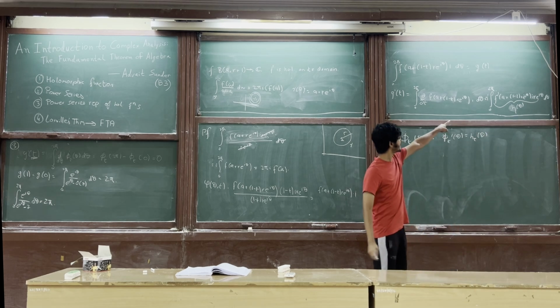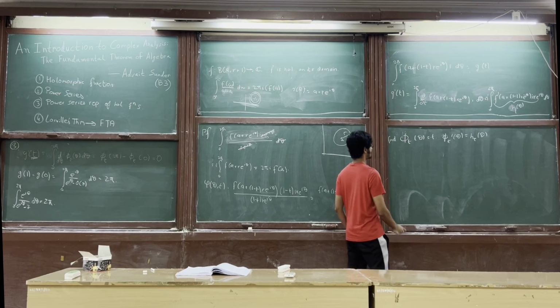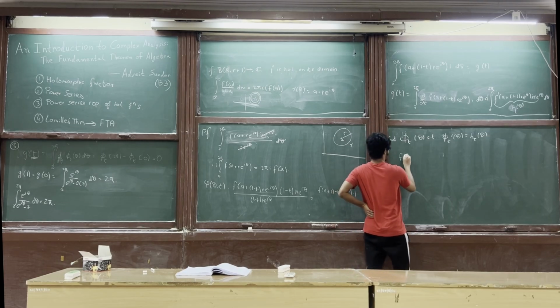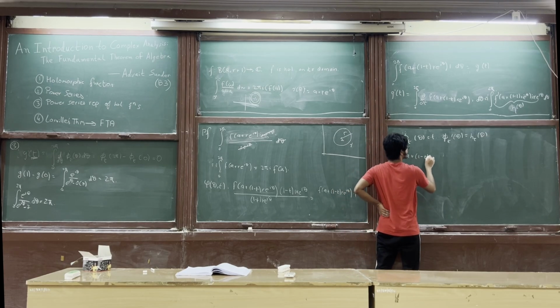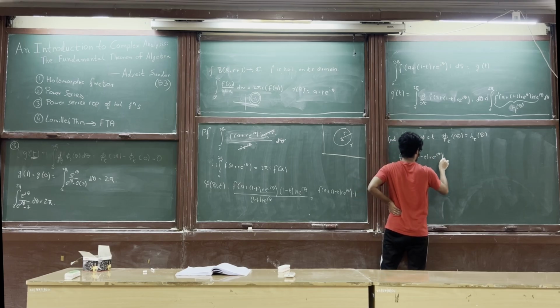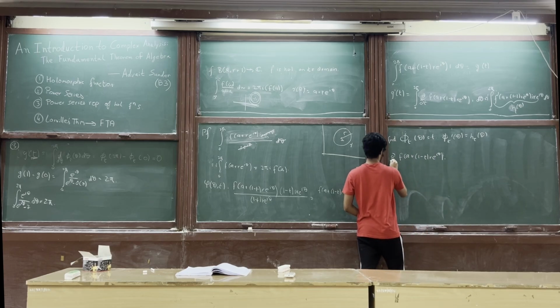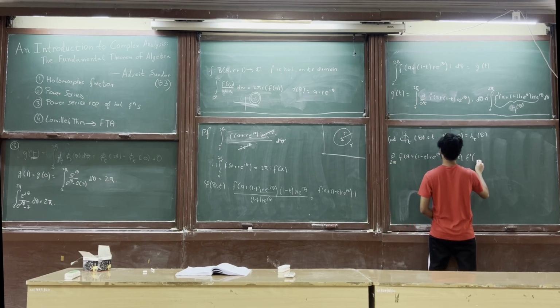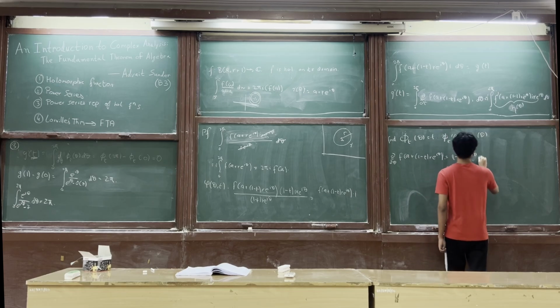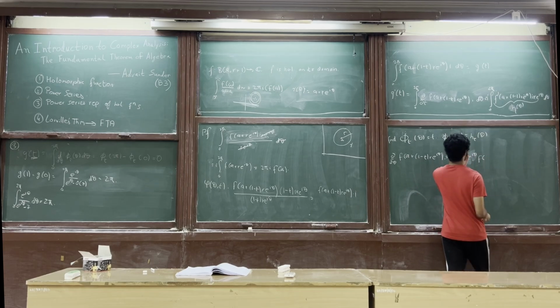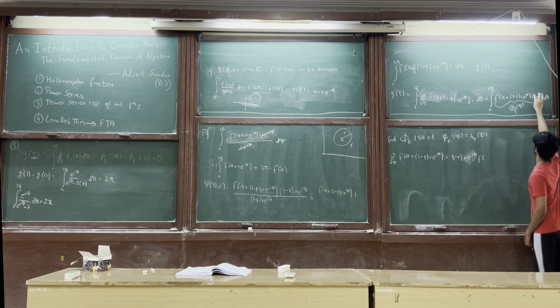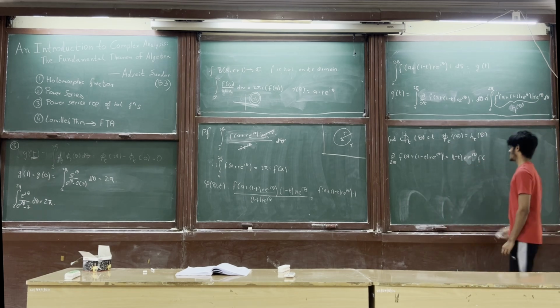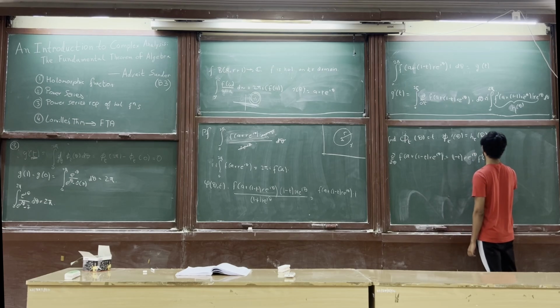Right? And over here it's slightly easier to guess what it should be. You just take f of a plus 1 minus t r e power I theta, and you differentiate this with respect to theta, you just get 1 minus t f prime of a plus 1 minus t, I r e power I theta.